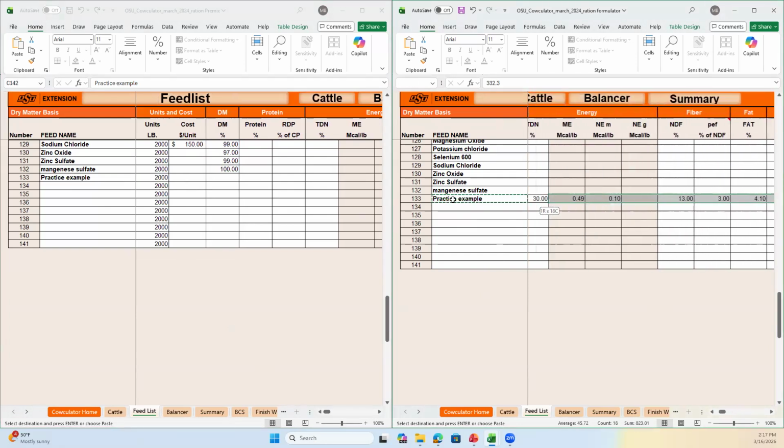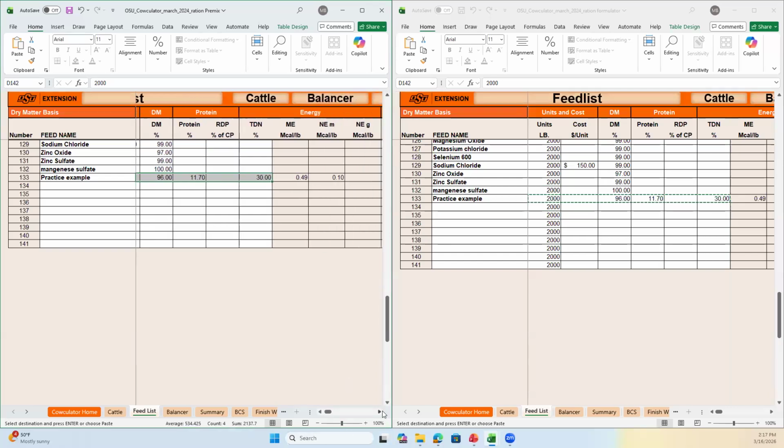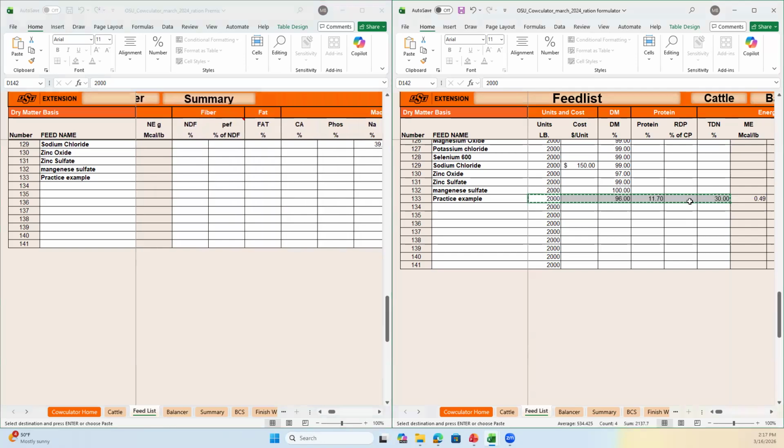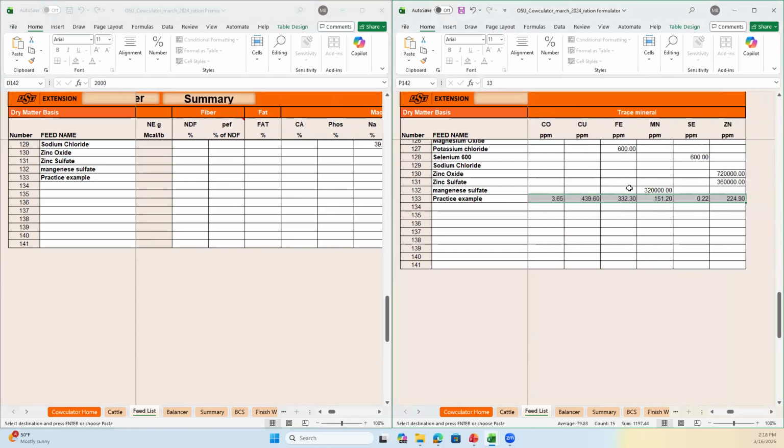What it won't let you do is paste over the N. So we'll go up to TDN. Pop over on the other side of NEG. I can just hit Control Shift and then the right arrow and jump all the way over there. We'll paste those values there.